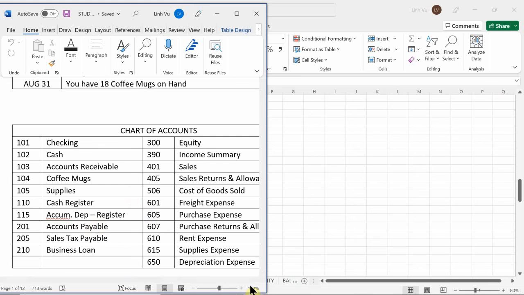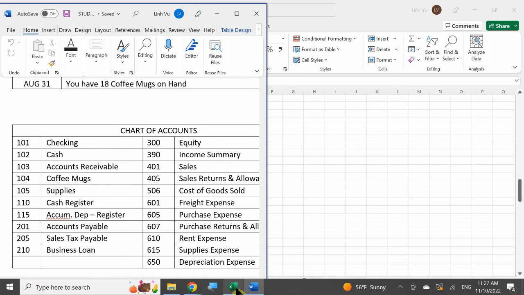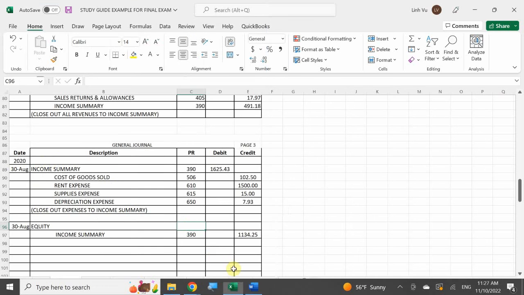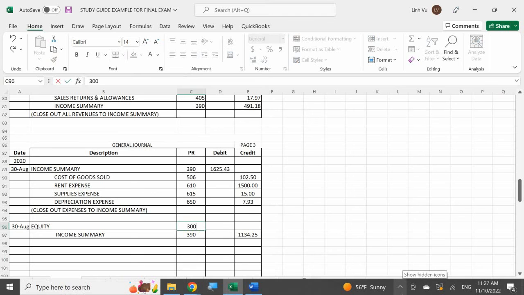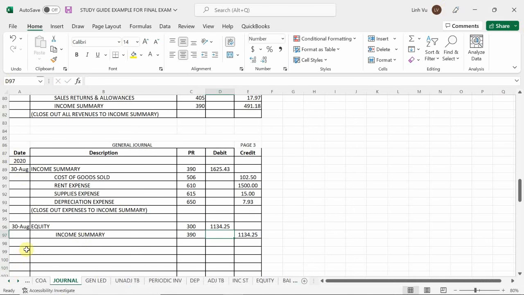Right. So equity is 300. So that means you're going to decrease your equity by $1,134.25. I'm going to put "close out to equity."